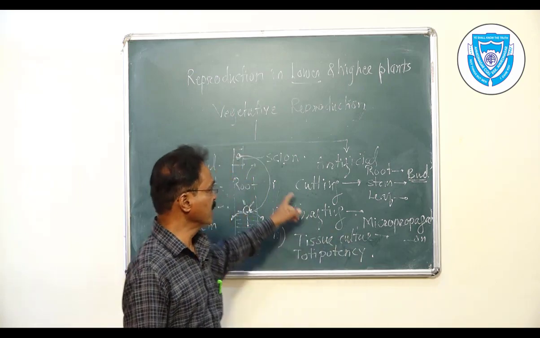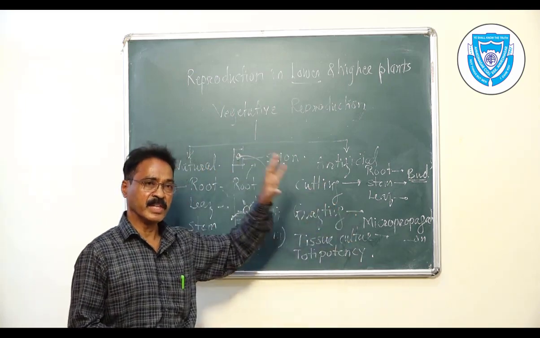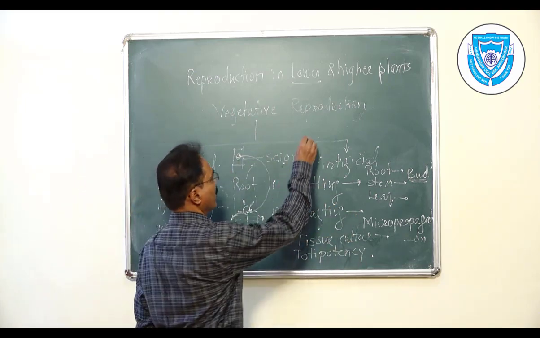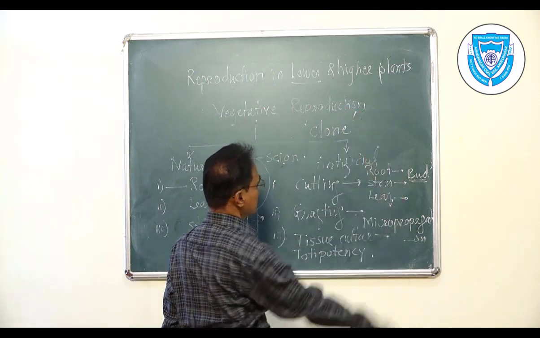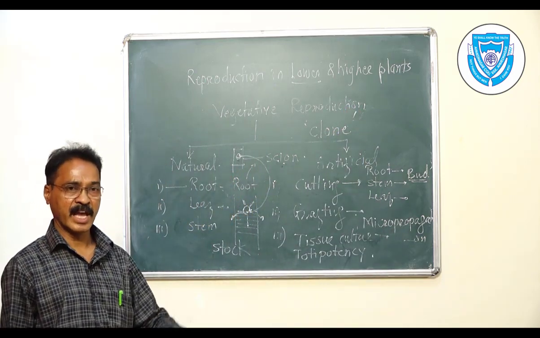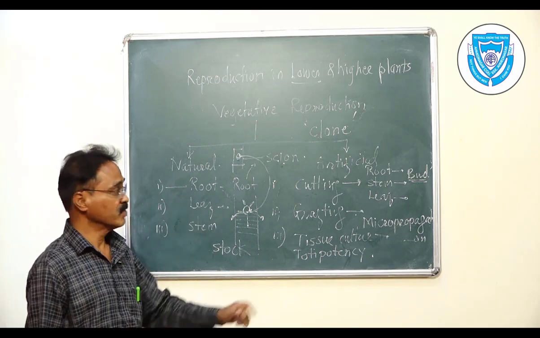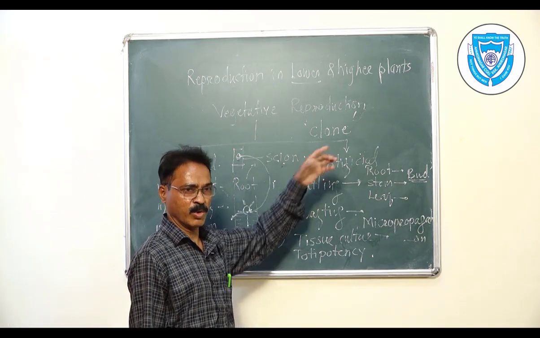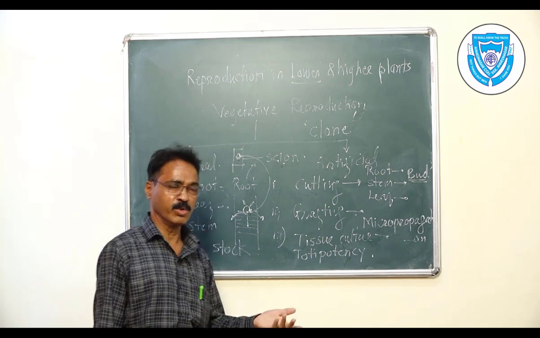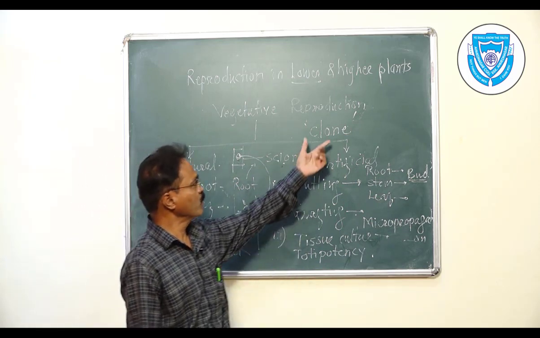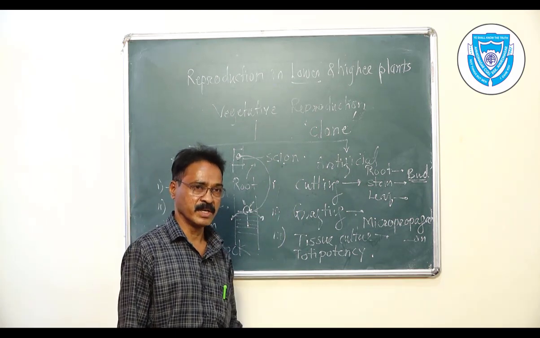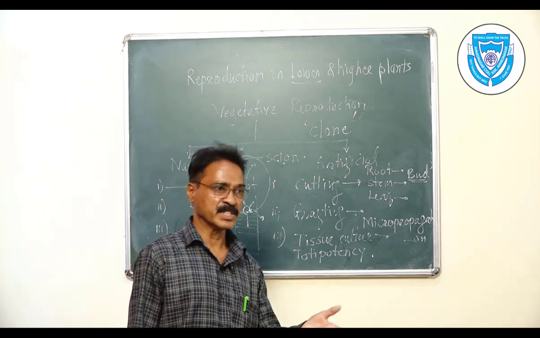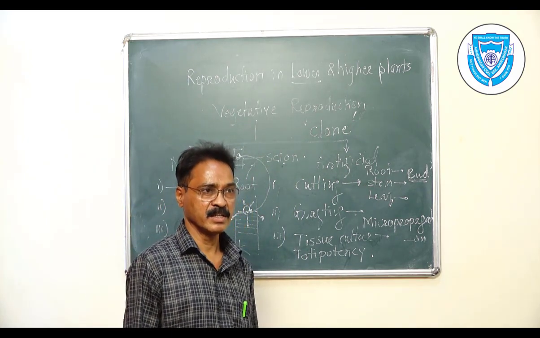But in asexual reproduction, they are the exact copy, and so it is called a clone. Asexual reproduction has this characteristic, the clone. And cloning, this word is not new to you, it is common. What is a clone? A clone is the exact copy of the mother plant or mother individual. In animals also, you must remember Dolly, that is a clone.